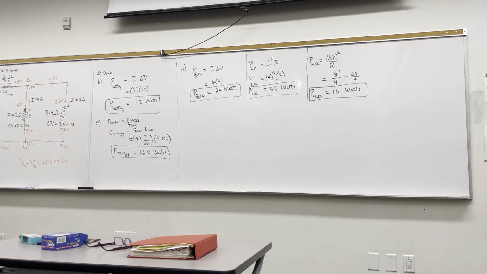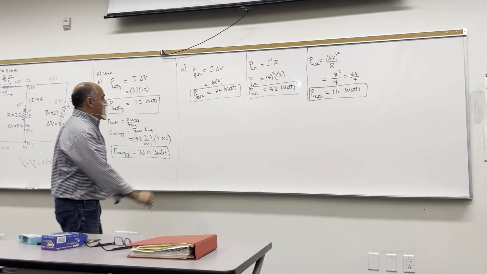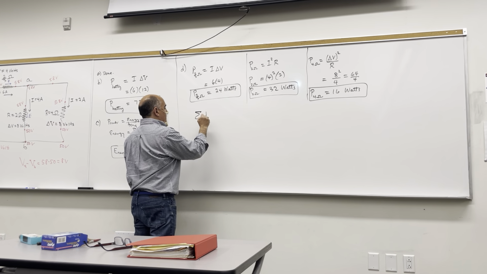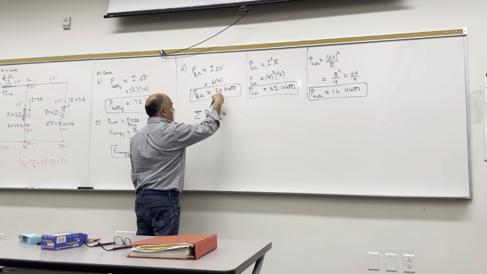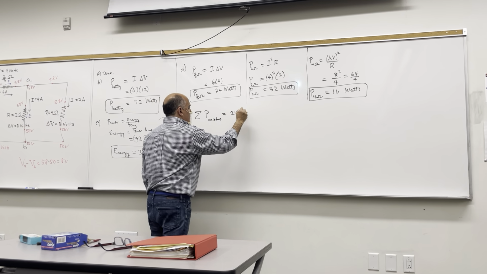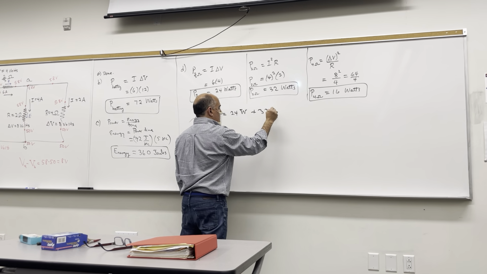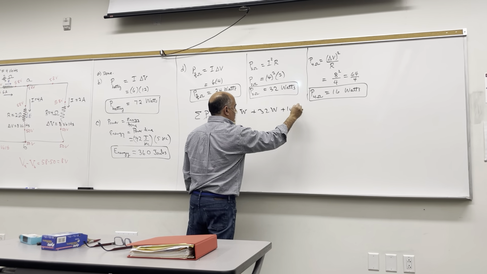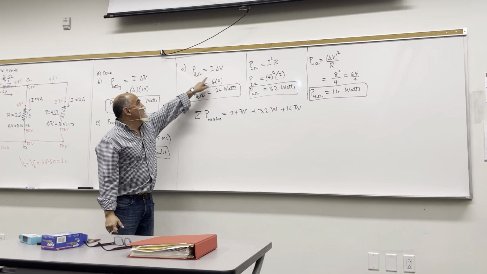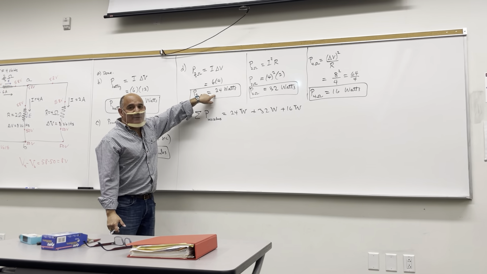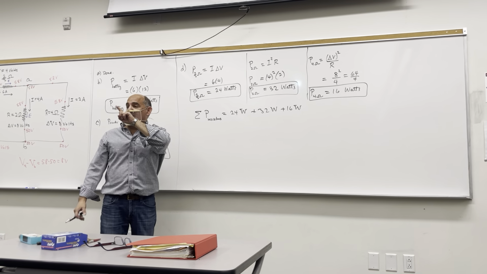Now, here's the cute part about it. What is the sum of the powers dissipated by the resistors? Well, 24 watts by one of them, plus 32 watts by the other one, plus 16 watts by the other one. And that's every second, right? This 2/3 ohm resistor dissipates 24 joules of energy in 1 second.